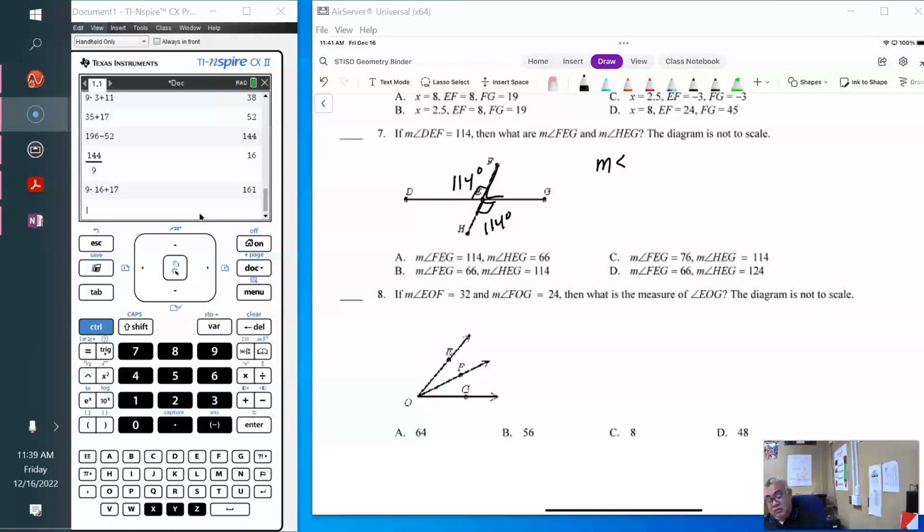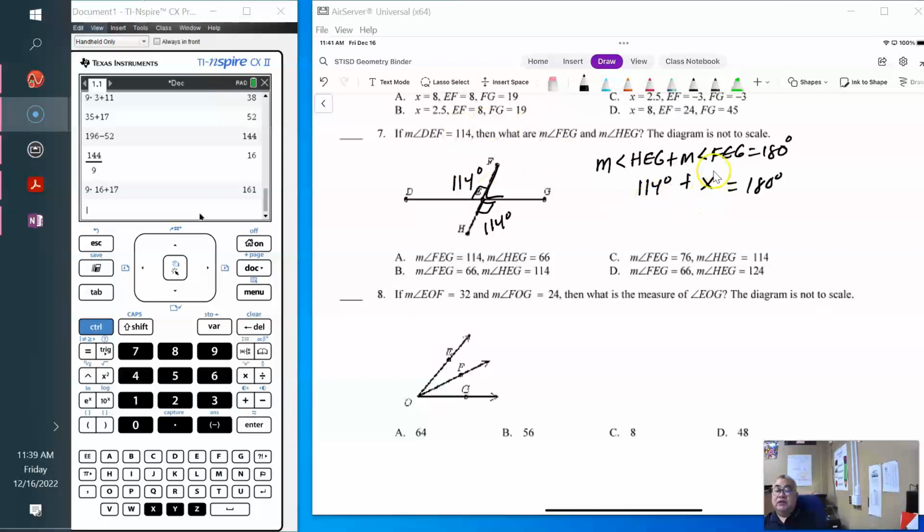So the measurement of angle HEG plus the measurement of angle FEG is equal to 180. They're a linear pair. They're supplementary. So we know that the measurement of angle HEG is 114 plus we don't know this angle.